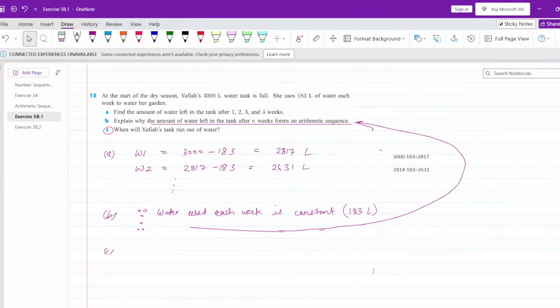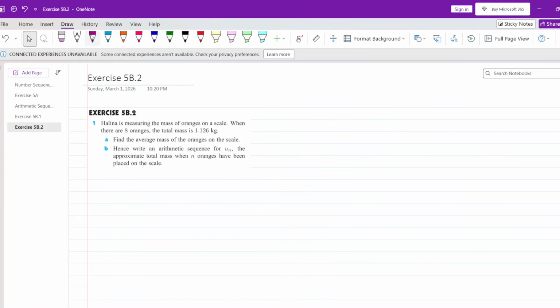So let's go to exercise 5B.2 and solve its questions. Helena is measuring the mass of oranges on a scale. When there are 8 oranges, the total mass is 1.126 kilograms. So the mass of 8 oranges is 1.126 kg.